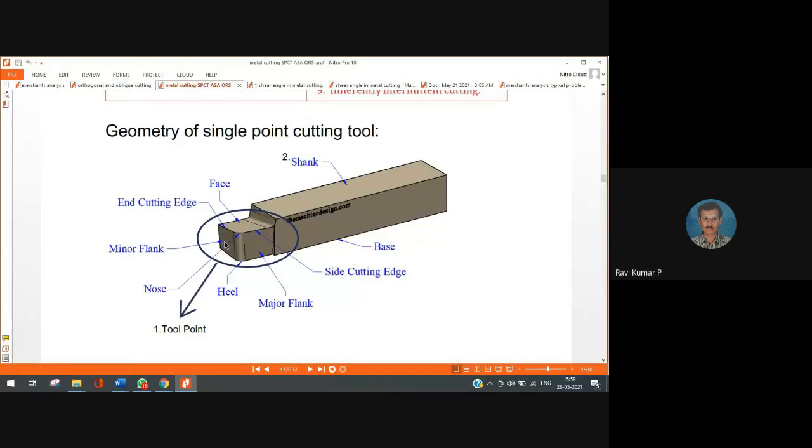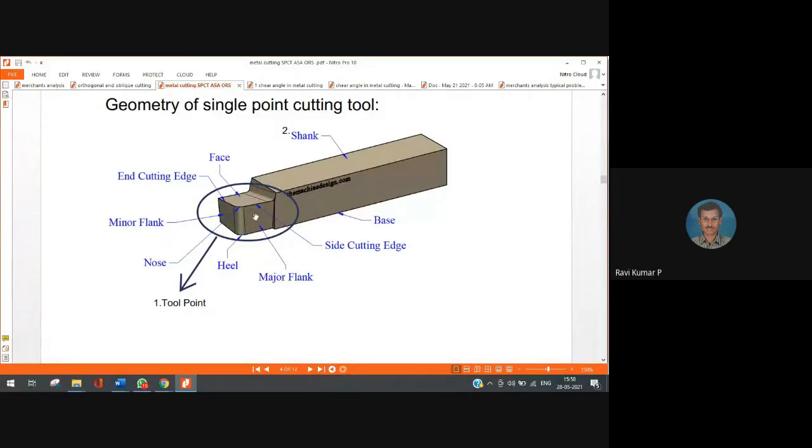This is only single; in multi-point cutting tools, I have multiple tool points in a single tool.